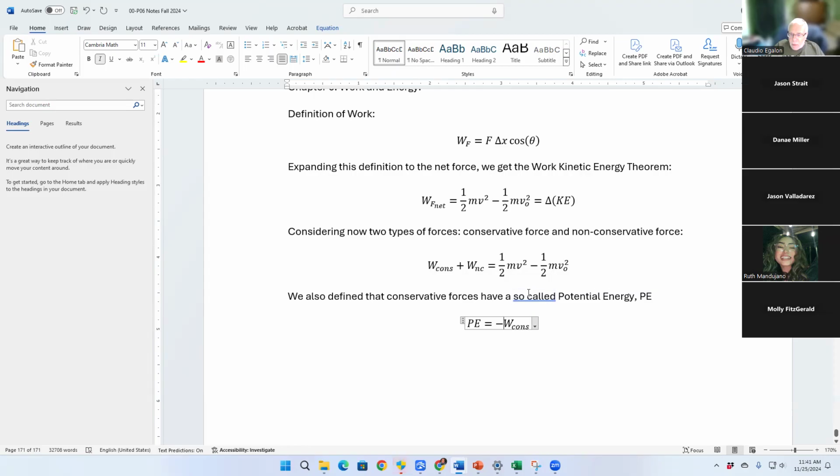It's not so-called potential energy, but the difference, okay? In potential energy, delta PE.